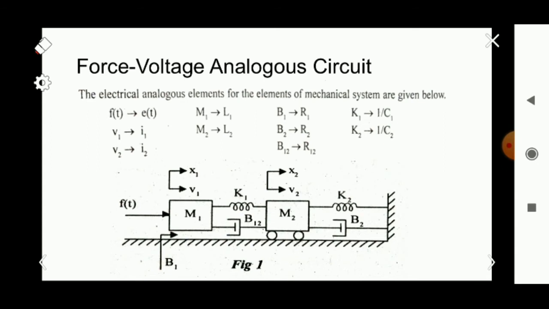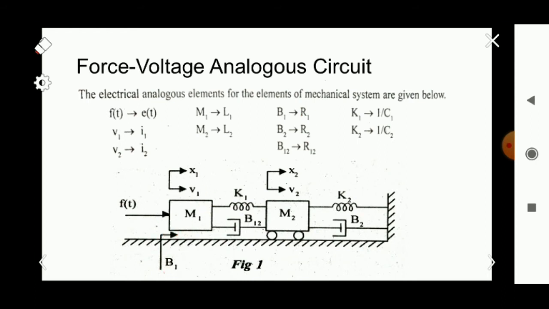Here there are two nodes, which means in the electrical circuit there will be two meshes, that is, two closed loops. For the first node we are applying f of t, which means in the first loop we have a voltage source E of t, and b1 is there. Instead of b1 we draw a resistive element r1, which is only in the first loop.